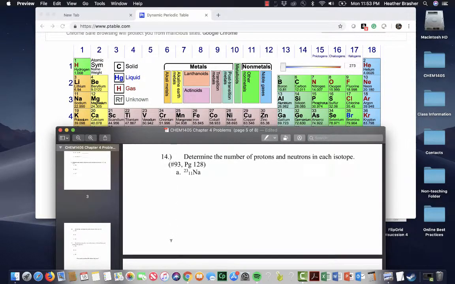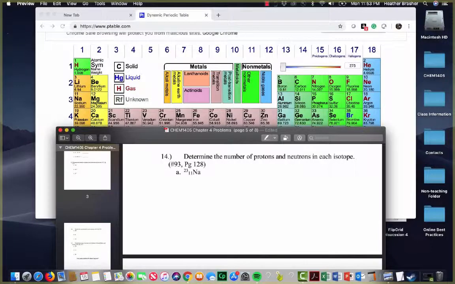So let's determine the number of protons and neutrons in each isotope. And so here we can look at here, and we basically have this guy right here is the mass, and this is the number. So number of protons are 11, right?